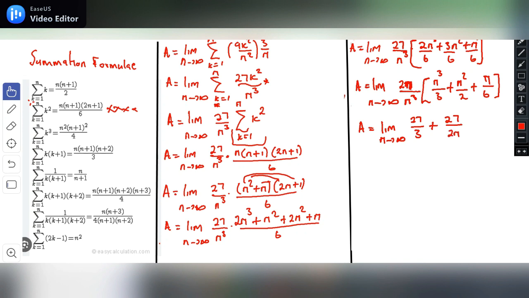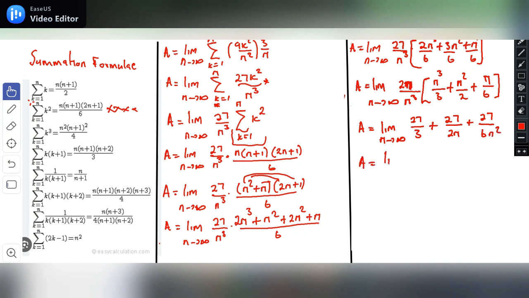I hope you guys can see it. Plus, this one multiplied by the last one is going to give us 27 over 6n squared. Can you guys see it?